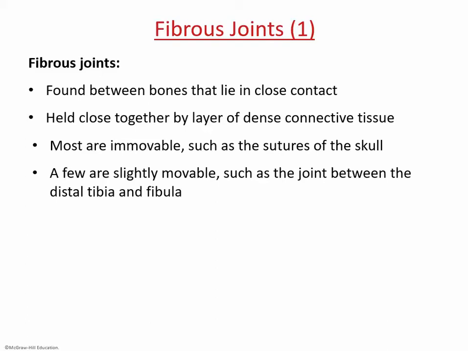Okay, the fibrous joints, the bones are in close contact. They're held together by dense connective tissue. Most of them are synarthrotic. They're immovable, the sutures of the skull. Some of them are amphiarthrotic, like the distal tib fib joint. But the distal tib fib joint is really holding those two bones together under tension.